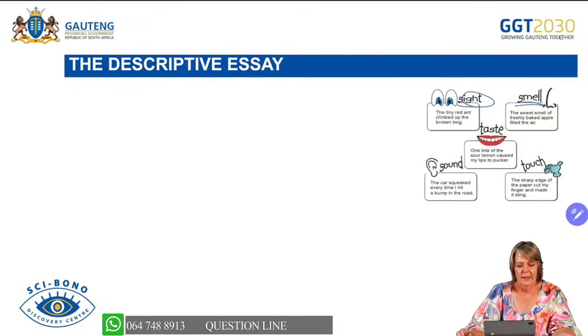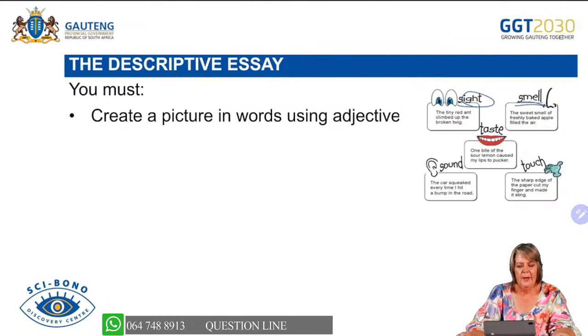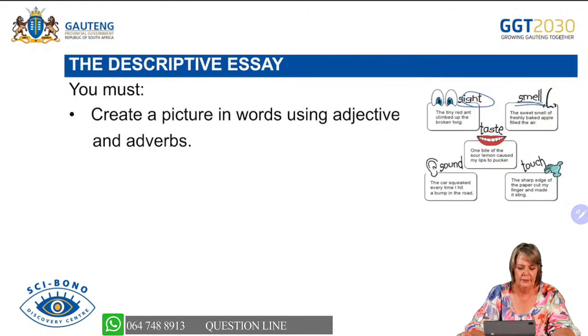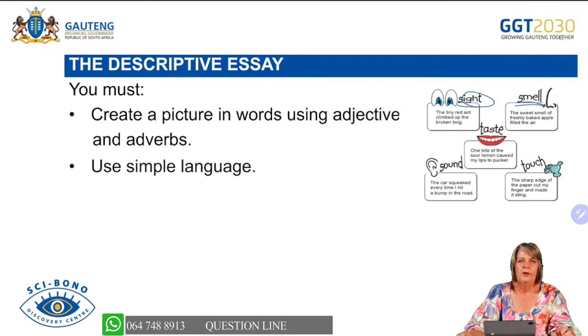You must, in a descriptive essay, create a picture in words using adjectives and adverbs. To the right, you'll see the sight, the smell, the taste, the sound, the touch. So you need to use your senses in your descriptive essay.